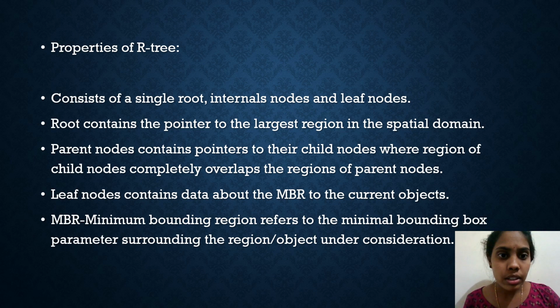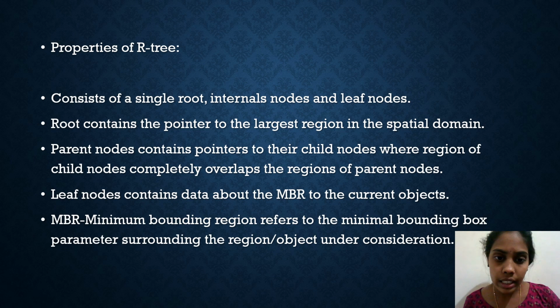Coming to the properties of R trees, they consist of a single root, internal nodes, and leaf nodes. The root contains the pointer to the largest region in the spatial domain. Parent nodes contain pointers to their child nodes, where the regions of child nodes are completely overlapped by the region of the parent node.